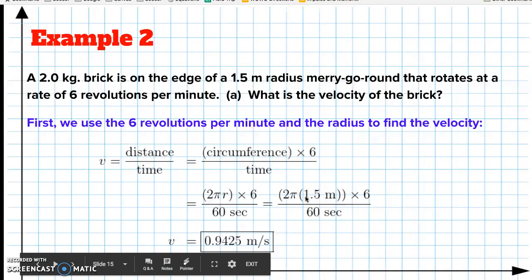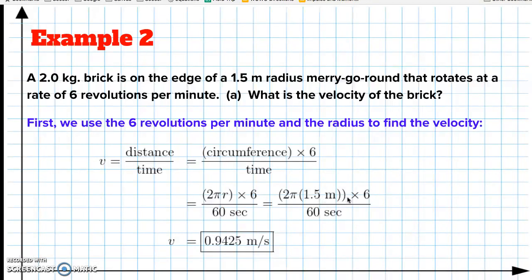So plugging in the numbers, 1.5 meters is the radius, you can figure out that the velocity of this rock going in a circle of 1.5 meter radius, and it goes 6 times around in a minute, is 0.9425 meters per second. So that's a good example calculation to hang on to. That's how you can use revolutions per minute to figure out the velocity of an object. You need the revolutions per minute and you need the radius of the object.